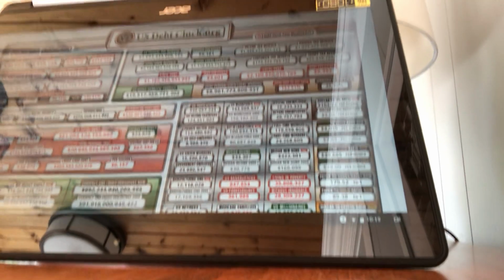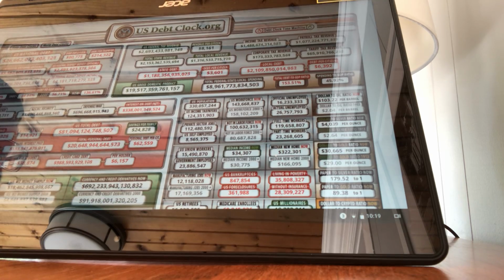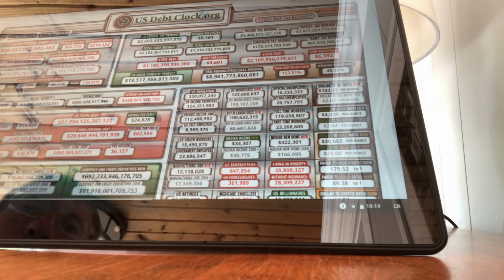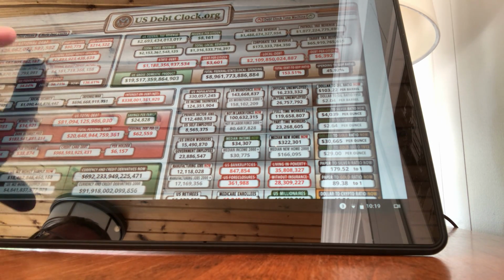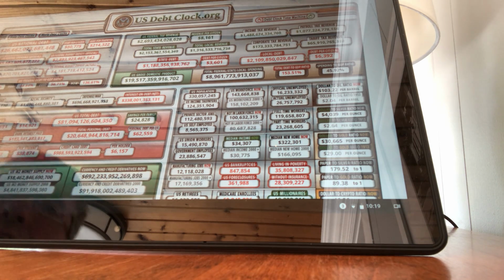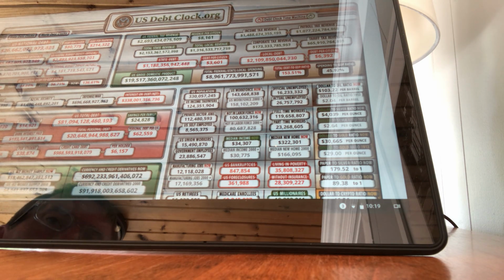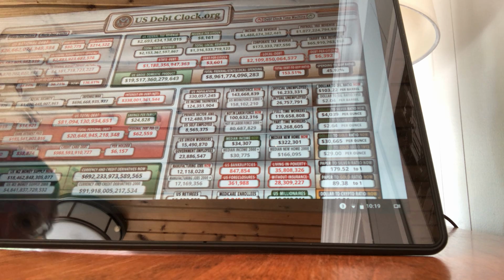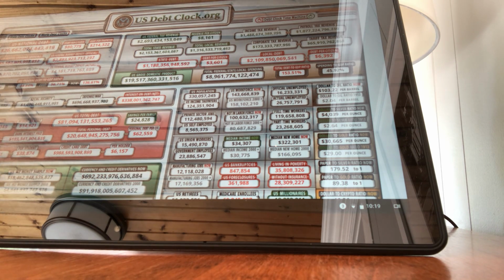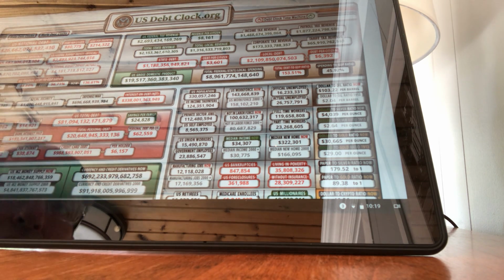Right here is the national debt of the United States, at $26,662,000,000,000. According to the way they break this out, each citizen owes $80,000 and each taxpayer owes $214,000, which isn't going to be very easy for us to come up with that money to pay that off.